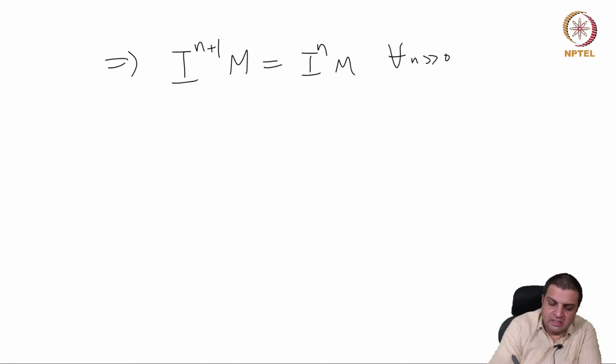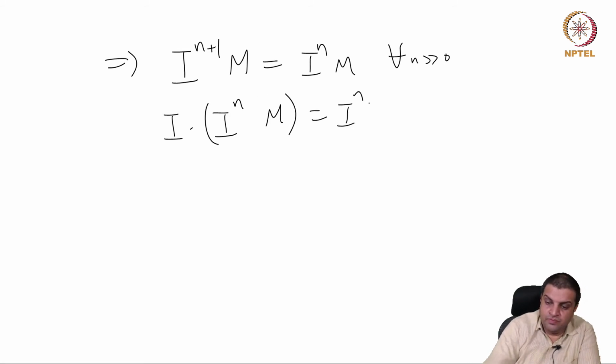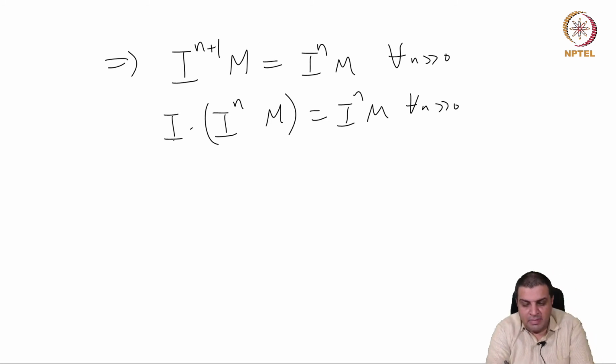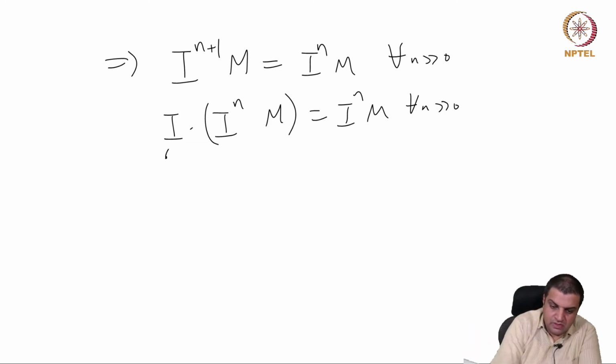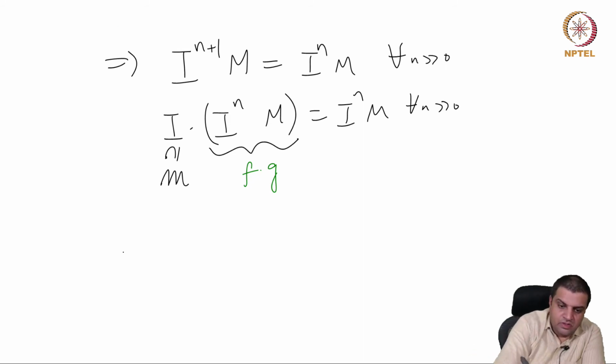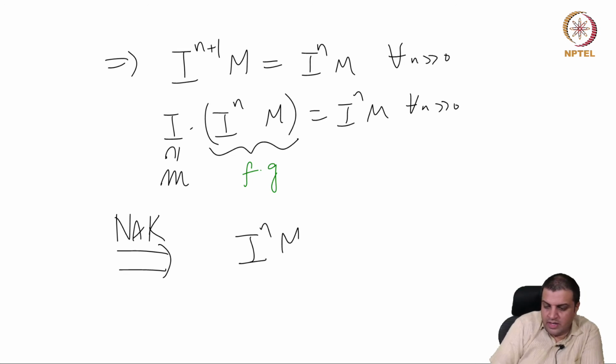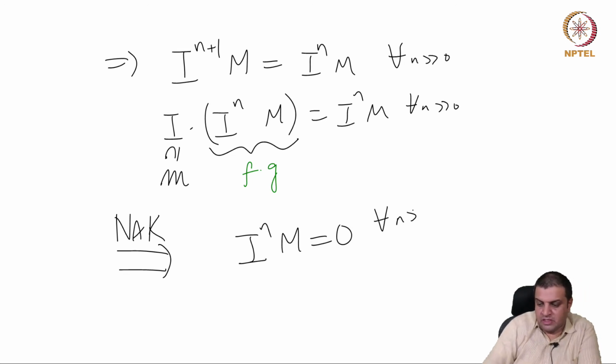But this is just I times I^n M, so I^(n+1) M equals I times I^n M. Okay, so I is inside the maximal ideal, some proper ideal, and this is finitely generated. Therefore, by Nakayama's lemma, I^n M equals 0 for all sufficiently large n.